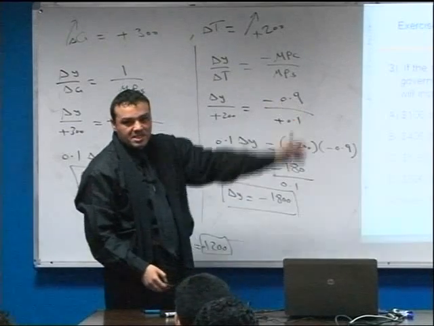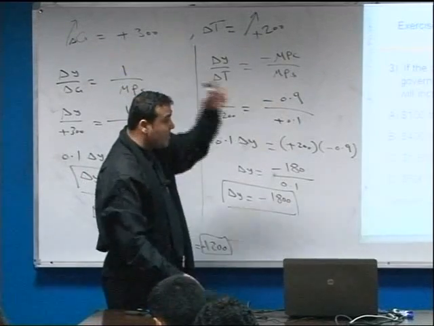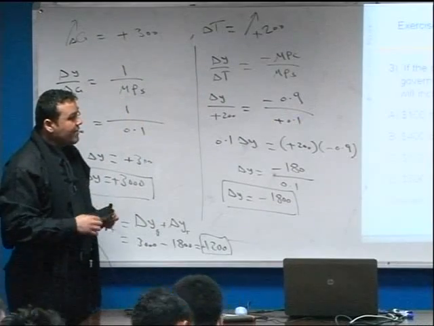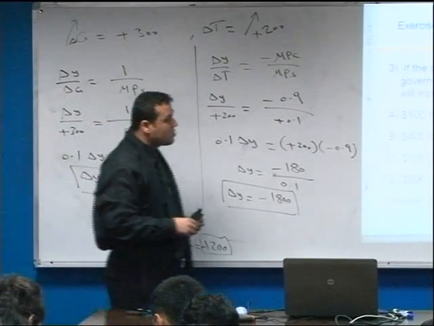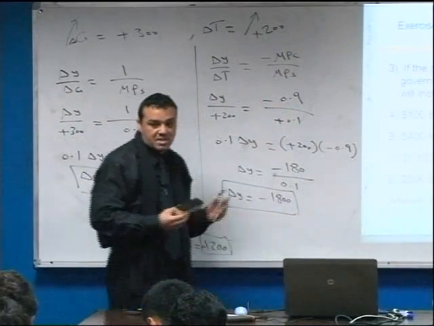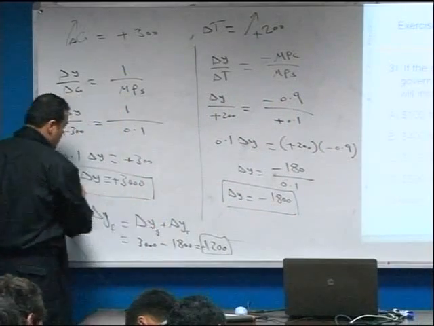Okay, as you see in this exercise, for example, if the government spending multiplier is 2, and the government purchases increased by 200 billion, the output will increase by how much? This is the question. So, erase this. Okay.